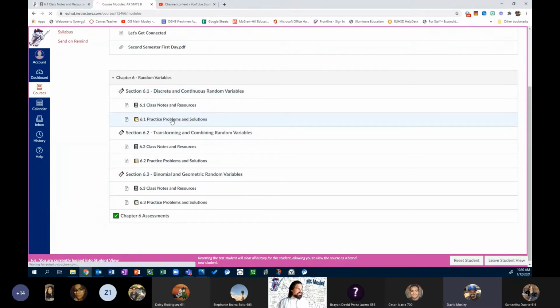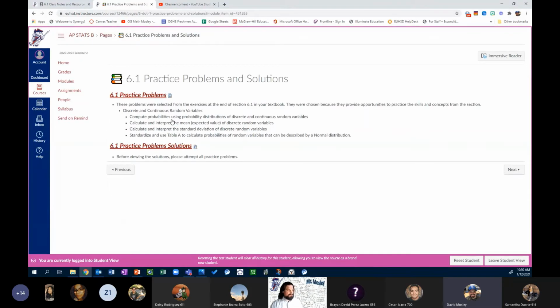We also have our practice problems and solutions, right? There's problems, those are solutions. Please try to do the problems before you look at the solutions, all right? At the very least, look at the problems and try to think if you know how to solve it before you look at the solutions. The solutions are provided so that you can see if what you're doing is correct or not.